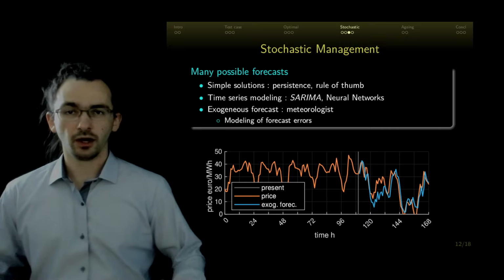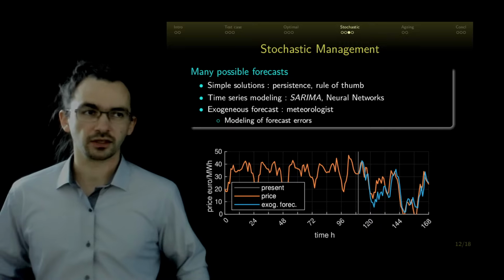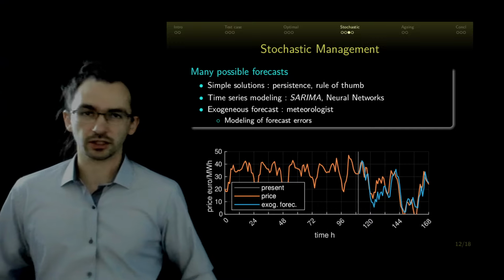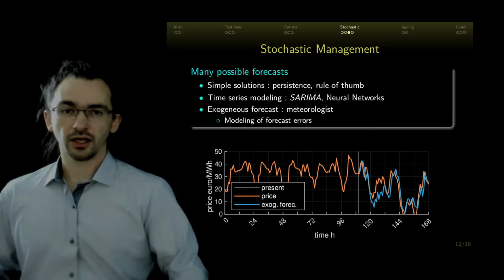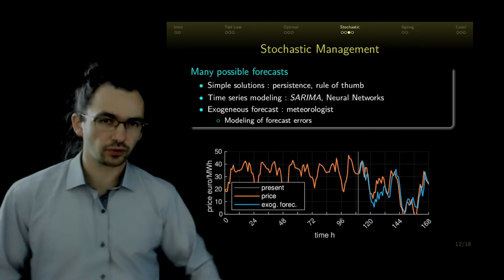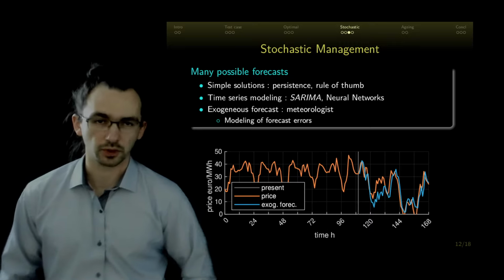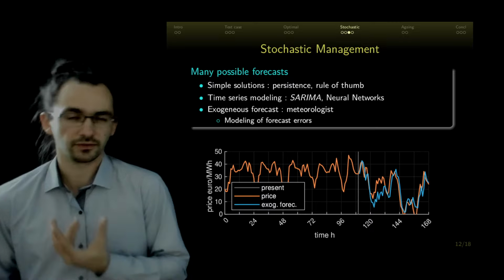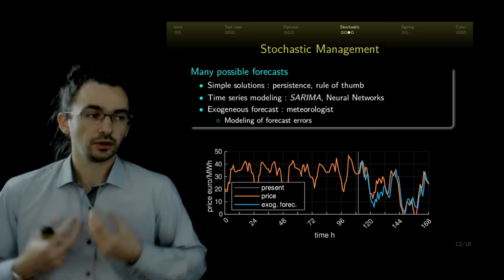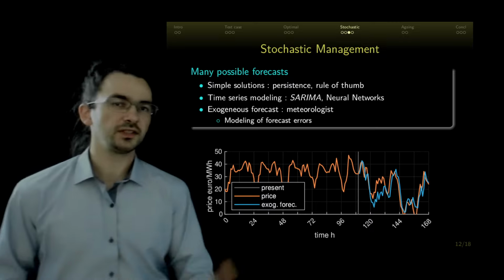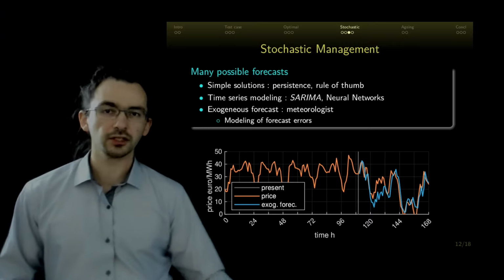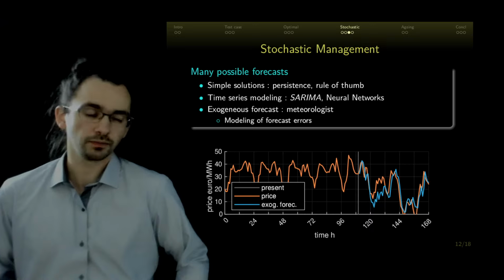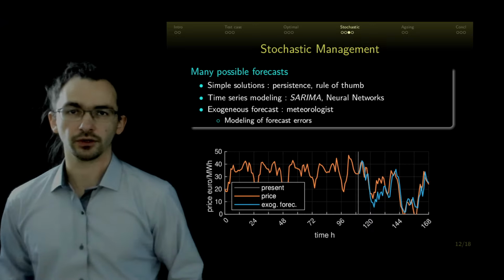So if I want to have the best quality forecast, the simplest decision that I should make is to just call a provider of a forecast, which will give me a forecast which most of the time will be of very good quality, but my work in such a condition would be to learn what could be the errors of this input forecast. And so the modeling of the forecast errors should be the task I will spend efforts on.